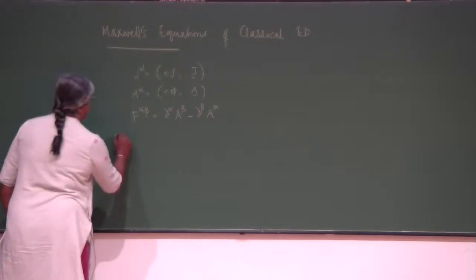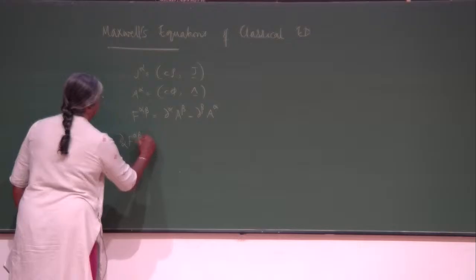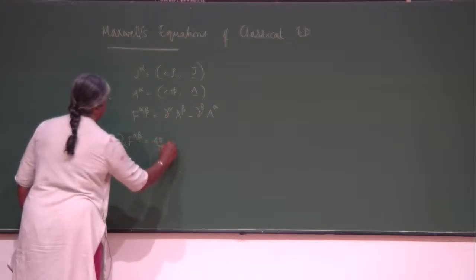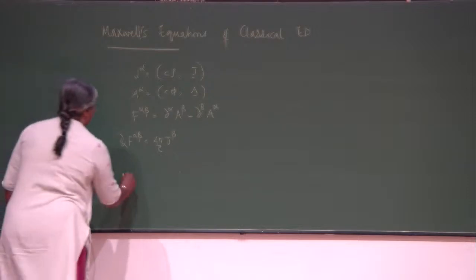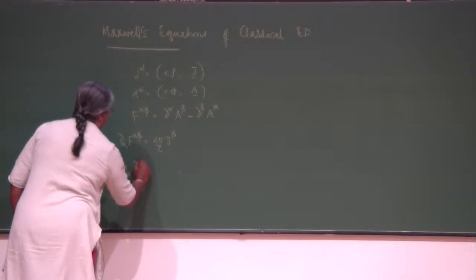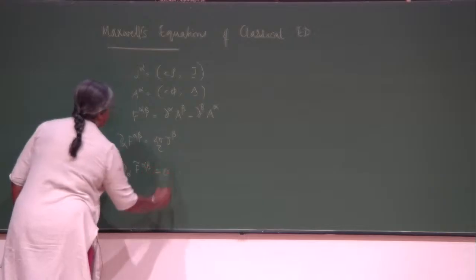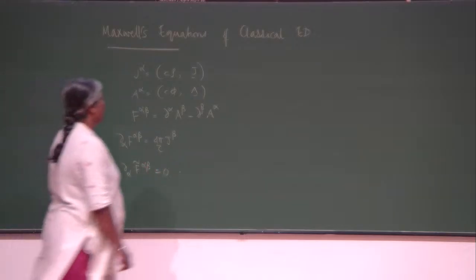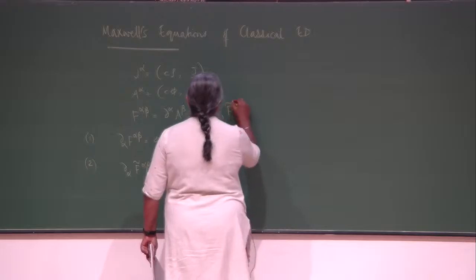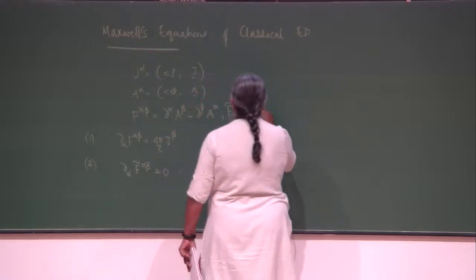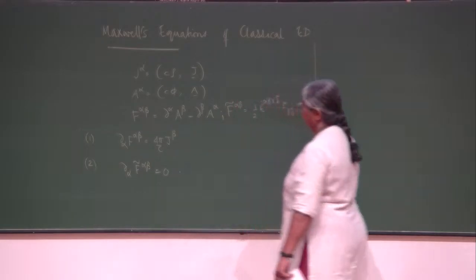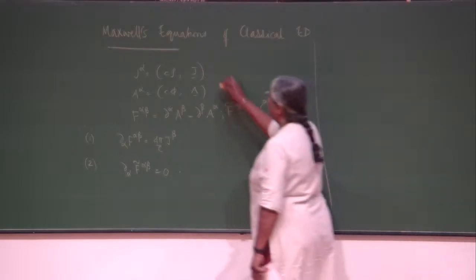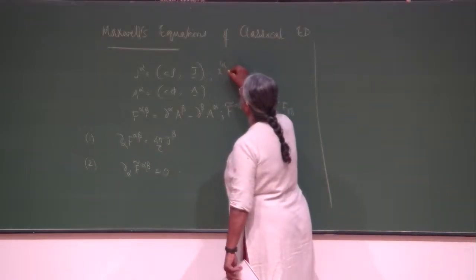We had d alpha F alpha beta is equal to 4 pi by c j beta. Then we had d alpha F tilde alpha beta equal to 0, where F tilde alpha beta is equal to half epsilon alpha beta gamma delta F gamma delta. And we had the original 4 vectors transformation.